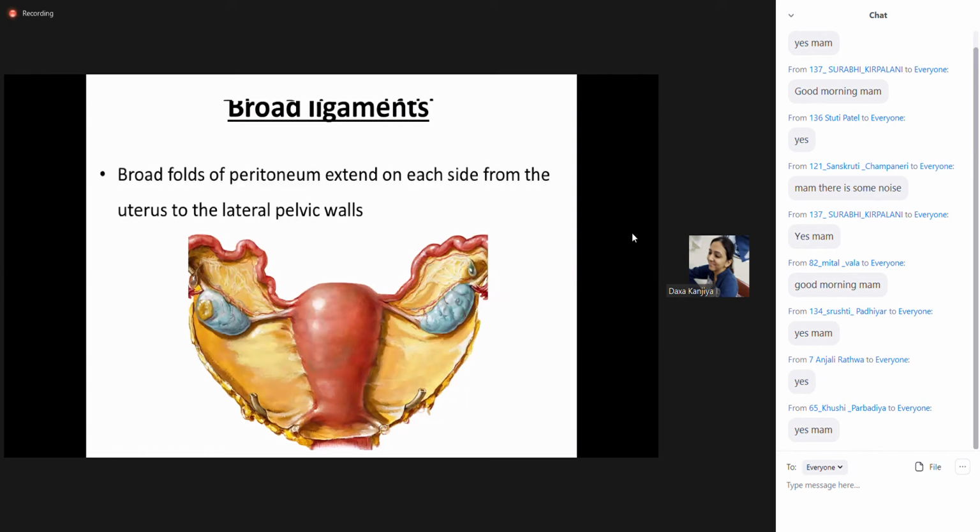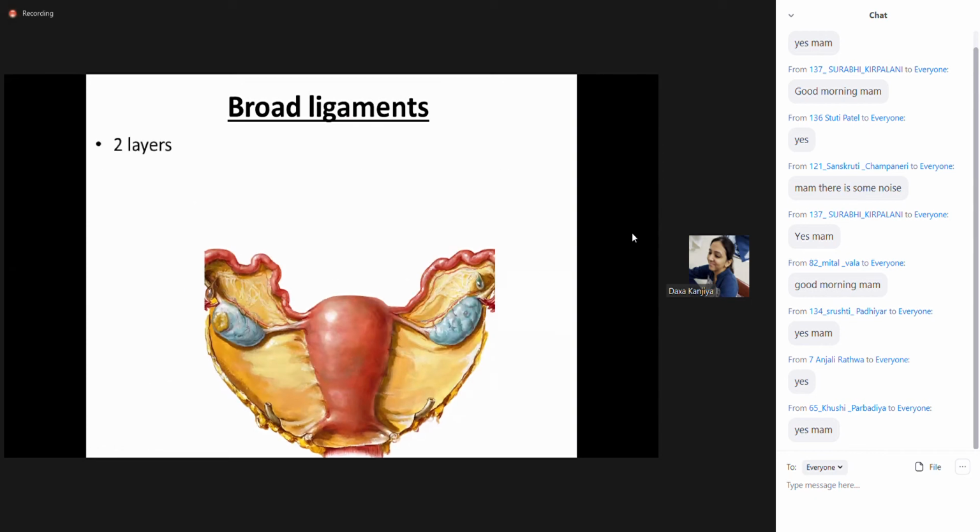So this is a double layer fold of the peritoneum extending on each side from the lateral border of the uterus to the lateral pelvic wall. This yellow colored fold is called the broad ligament. Again, it has two layers, anterior layer and posterior layer, and two surfaces, antero-inferior surface and posterior surface. Here you can see the ovary.